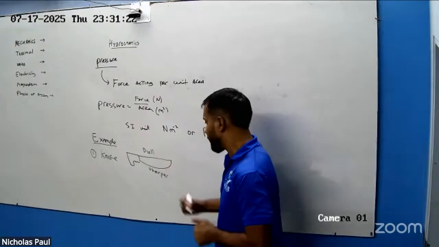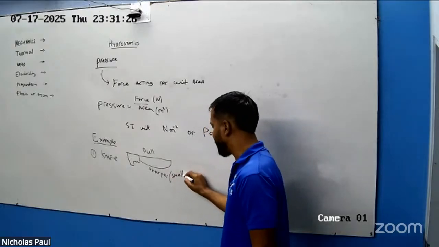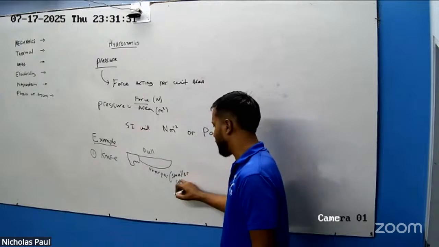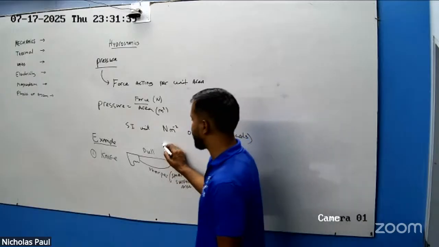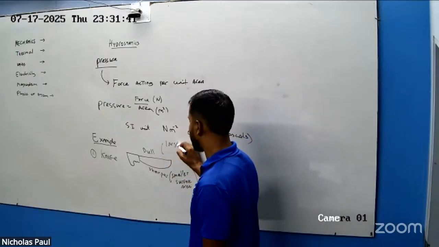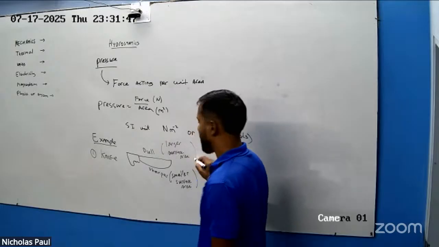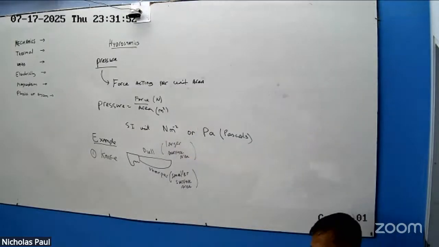So the knife here is sharper because it has a smaller surface area. And of course, here is dull because it has a larger surface area.